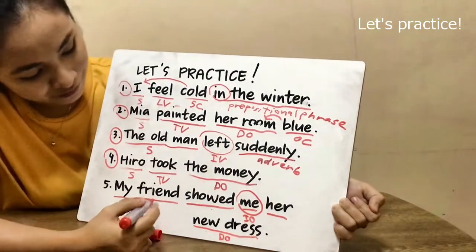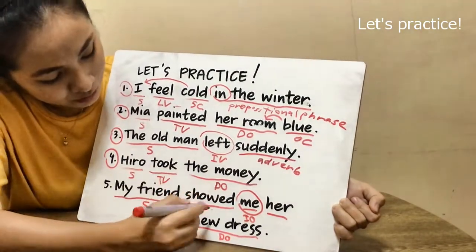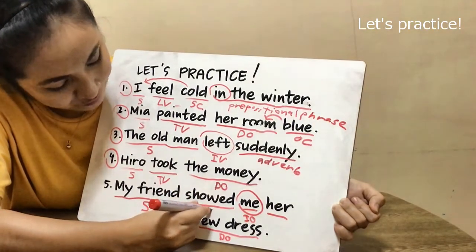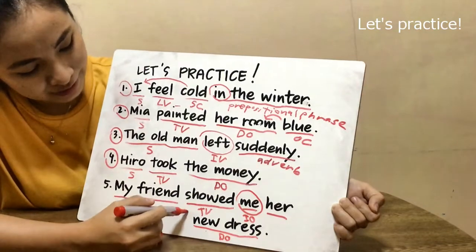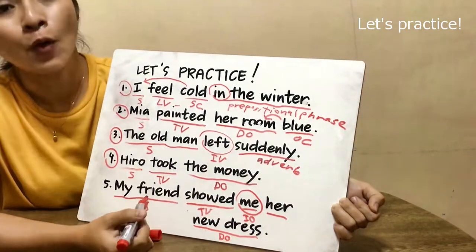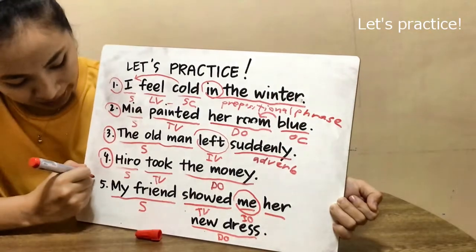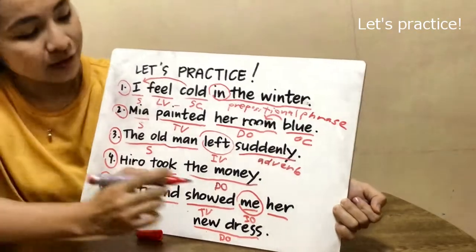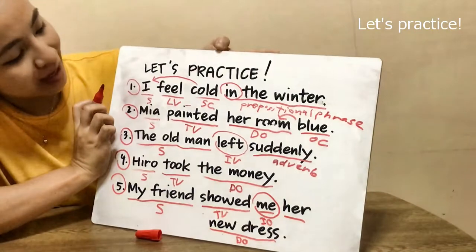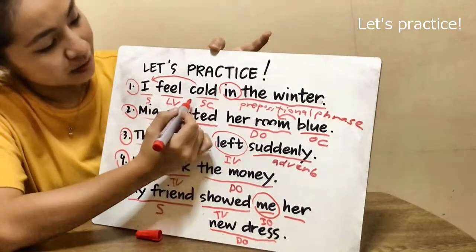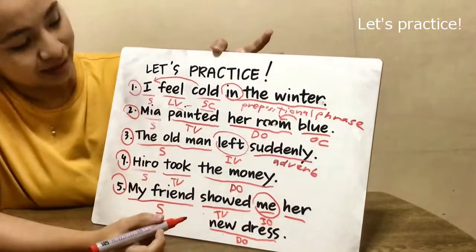So we have the showed. Of course, this is your transitive verb. So S+TV+IO+DO. Okay, so let's review again. The first one, we have the pattern, subject, linking verb, subject complement.